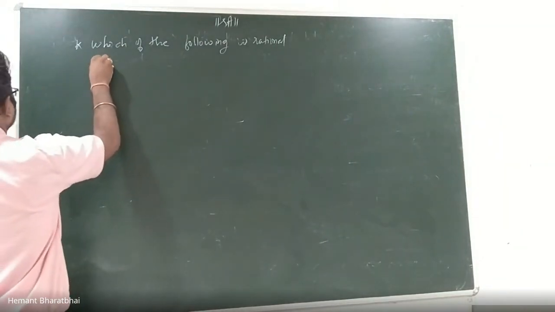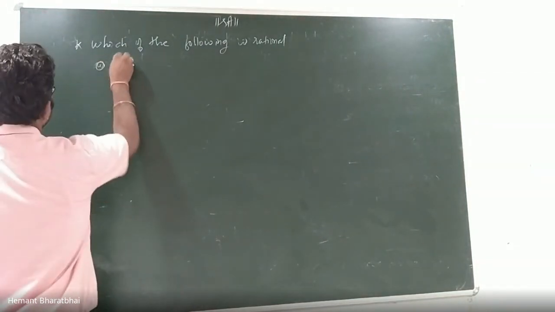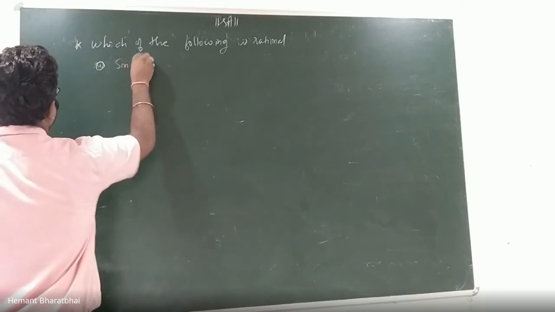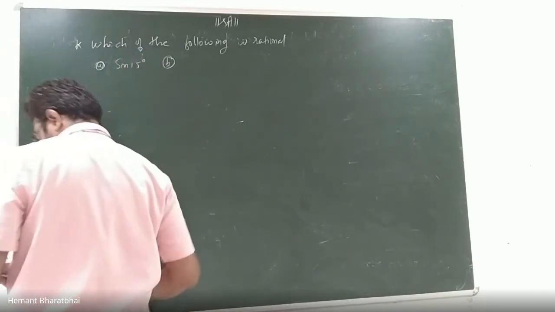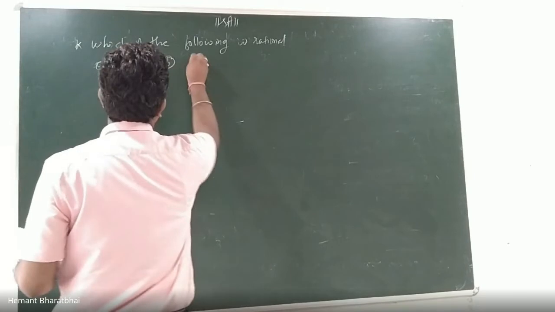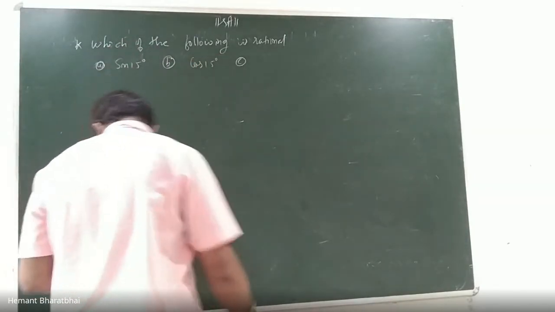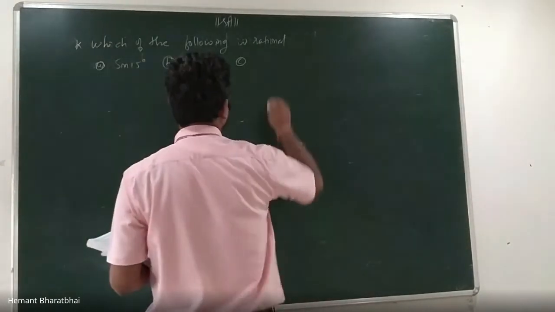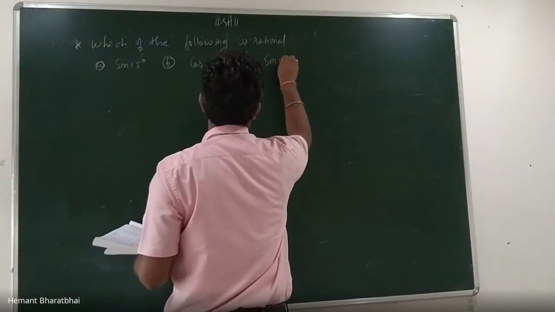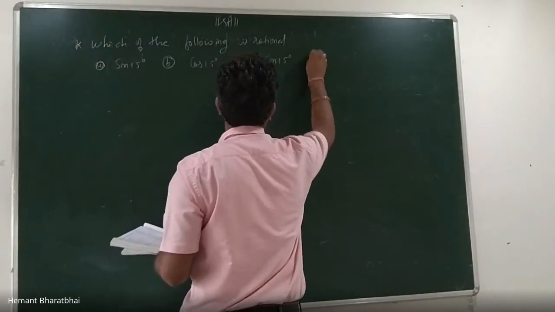Option A is sine of 15 degrees. Option B is cos of 15 degrees. Option C is sine of 15 degrees.